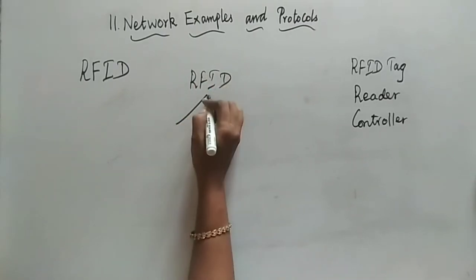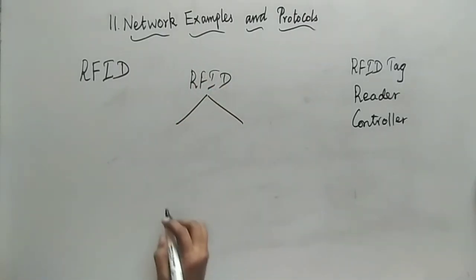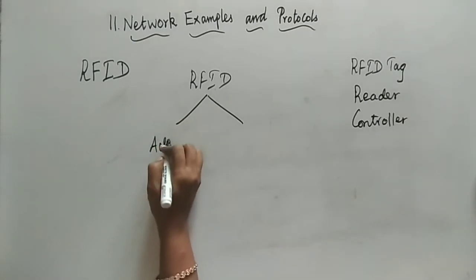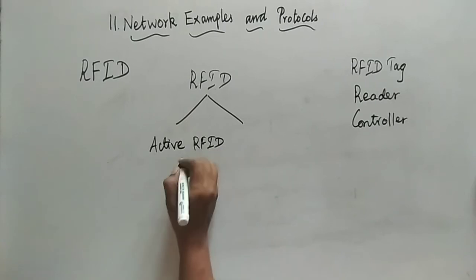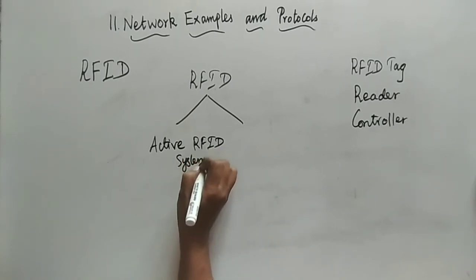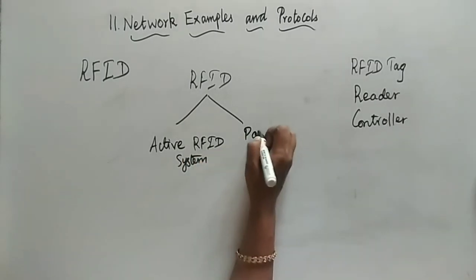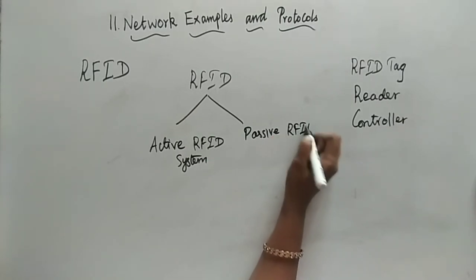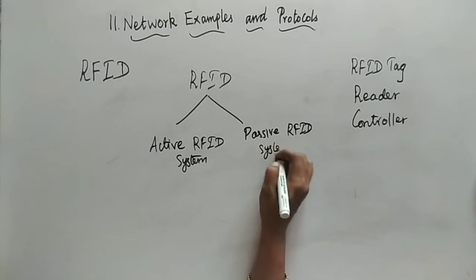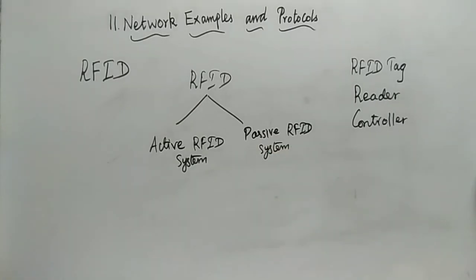The first one is your active RFID system, and the next one is your passive RFID system.